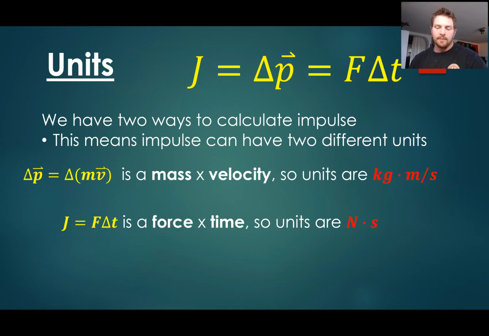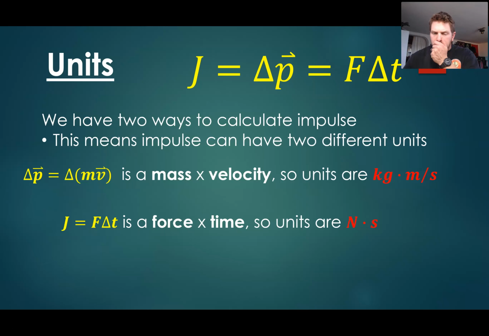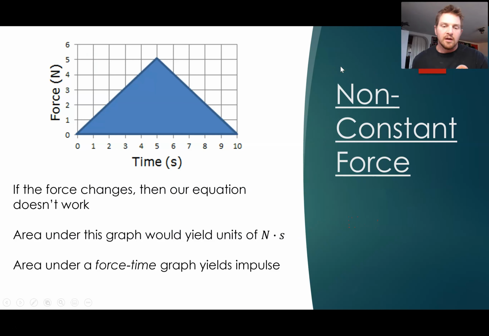What if you're trying to do something with momentum and impulse? The question has a collision or an explosion, so we know we would need to use momentum. However, there is not a constant force here. There's not just one number we can plug in for F. If that's the case, then we need to have a graph.